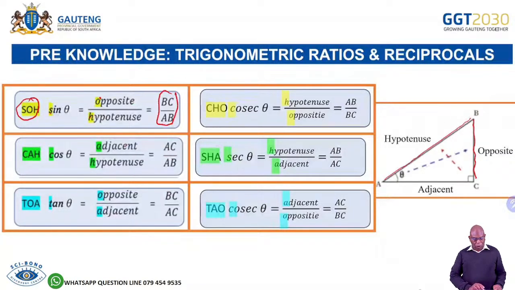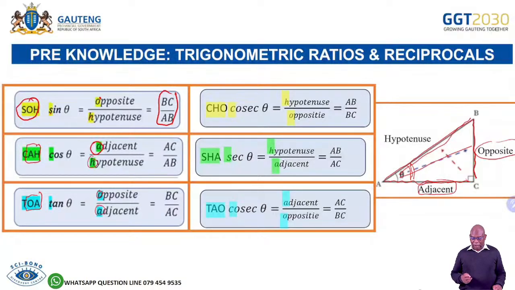If I need the cos, it will be the adjacent side over the hypotenuse, which is A over H. The TOA there represents the tan, which is opposite over adjacent. If my angle is there, my opposite side is that side, and my adjacent is this one. Adjacent means next to. This angle here is next to that line, so that will be the adjacent side.